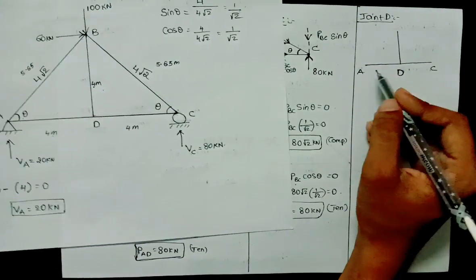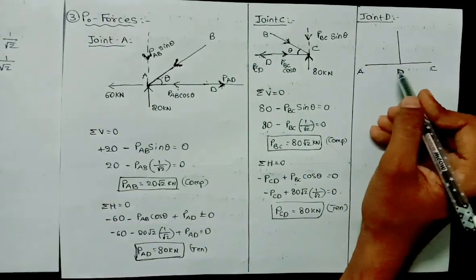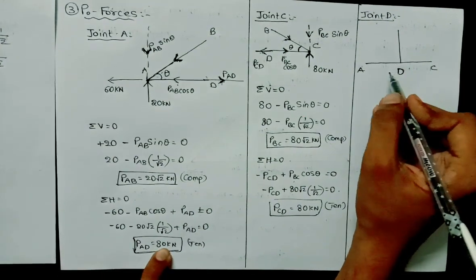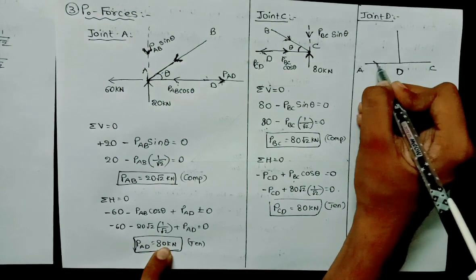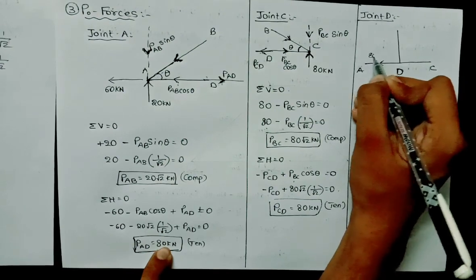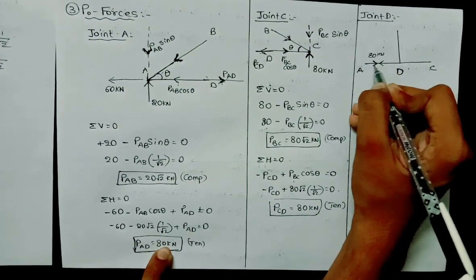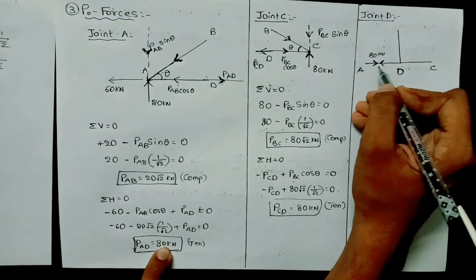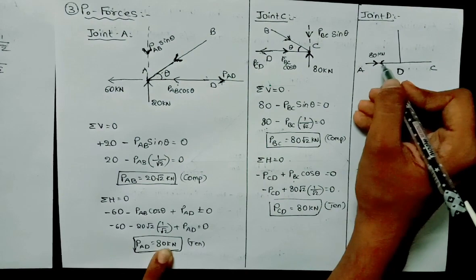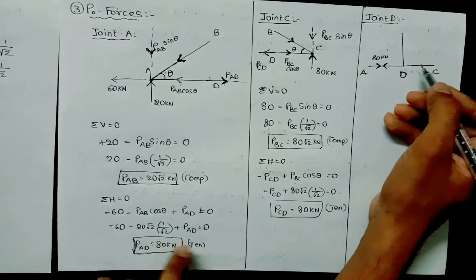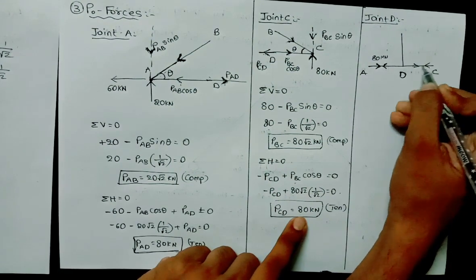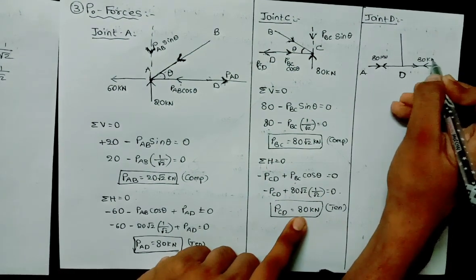The force in AD we have already calculated, PAD 80 kilonewton in tension. The tensile force should be indicated in this manner. This is the way of representation of tensile force. Similarly PCD we got 80 kilonewton, again tension. The arrows are towards each other, 80 kilonewton.